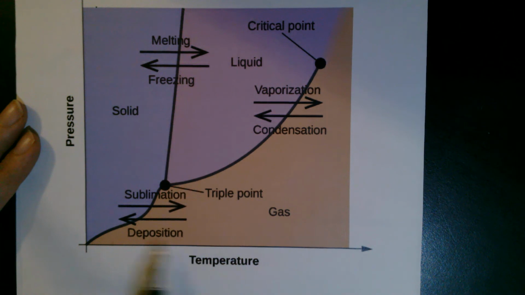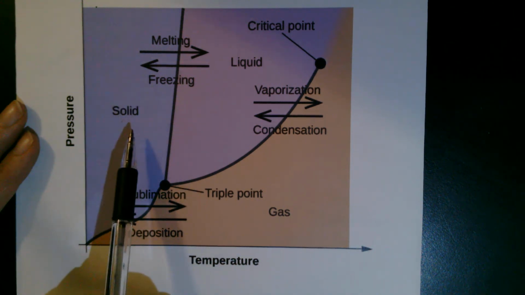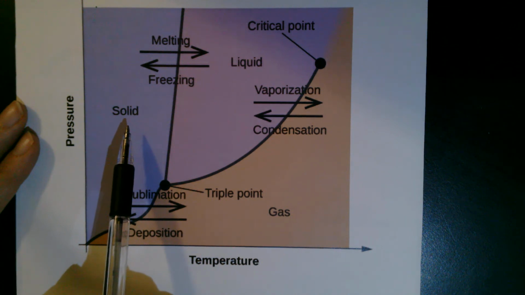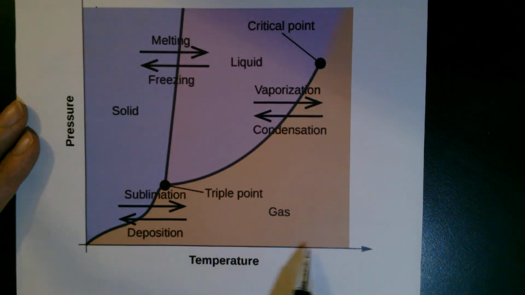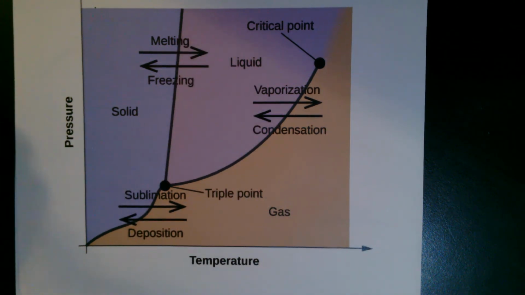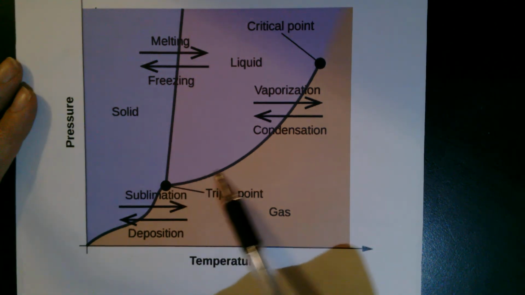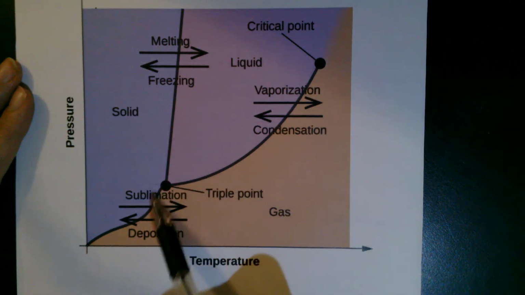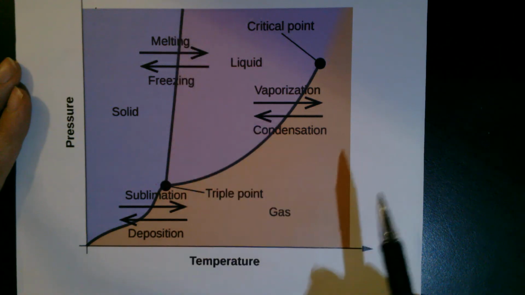Okay, so at very low temperatures and higher pressures, we get the solid phase. At high temperatures and low pressures, we get gas phase. And in intermediate temperatures and pressures, we get the liquid phase. So all of these lines here represent equilibrium.